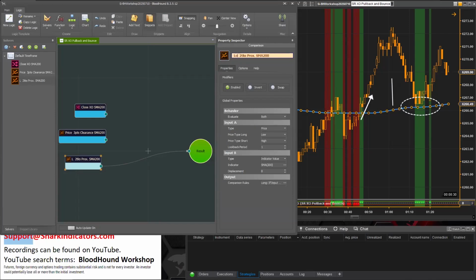So for this one, we're using the low price, right, for these long bounces and the high price for short bounces. So we'll rename that, and then we're going to copy it and paste it there.